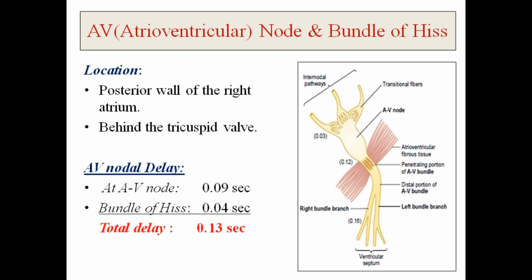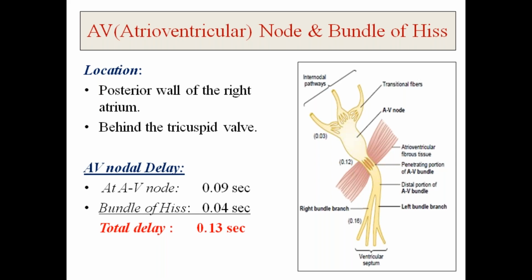Rather, to cross the AV node, the impulses take about 0.09 seconds, and for the bundle of His, the impulses take about 0.04 seconds to travel. That means in total there is a delay of 0.13 seconds. After 0.13 seconds, the impulses from the atria will reach the ventricle. There is a delay of 0.1 second.